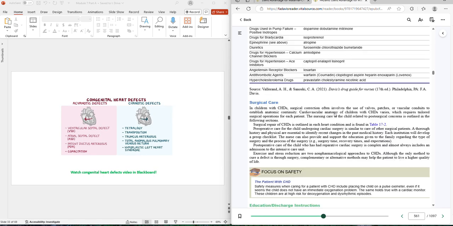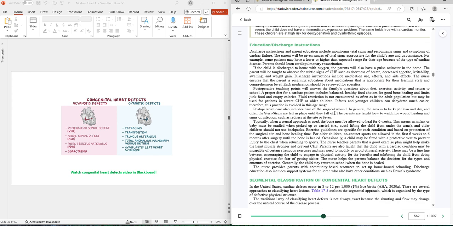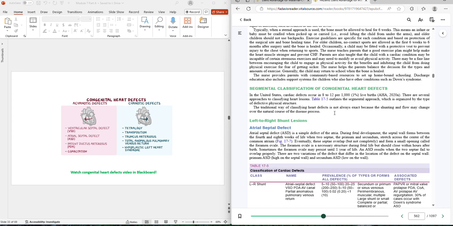Now we're going to talk about defects. Some congenital heart defects on page 562. So our first one is ASD, atrial septal defects. And I have divided those up into acyanotic and cyanotic.